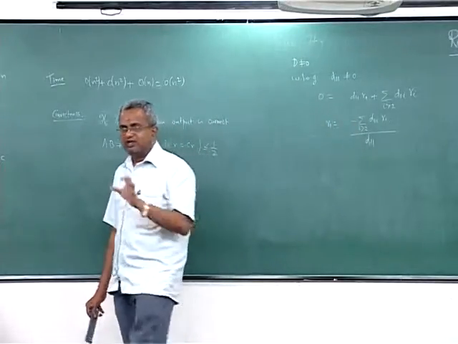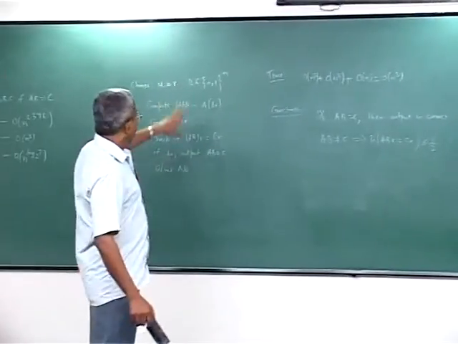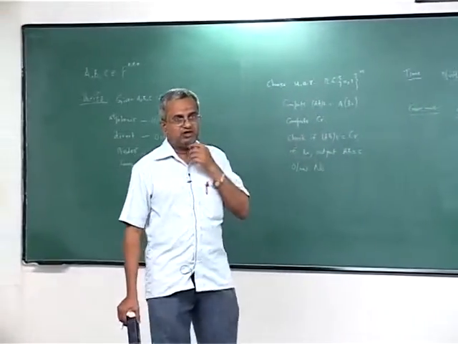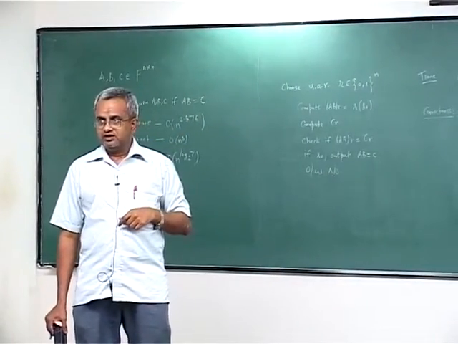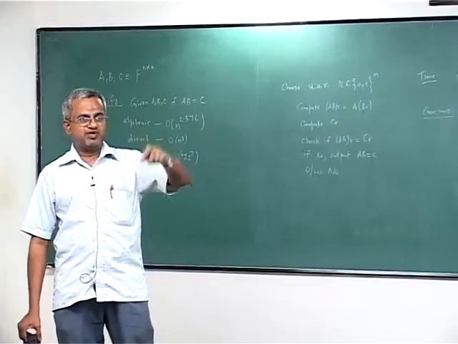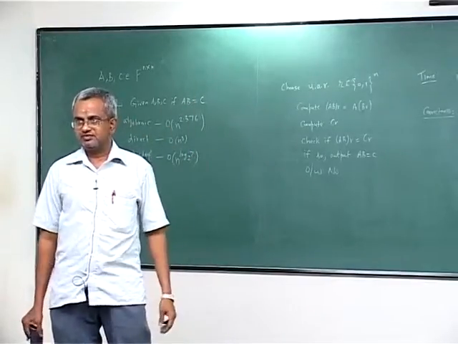Now, I can view it as follows. You have this entire space. I divide it into 2 power n minus 1 mutually exclusive subspaces.